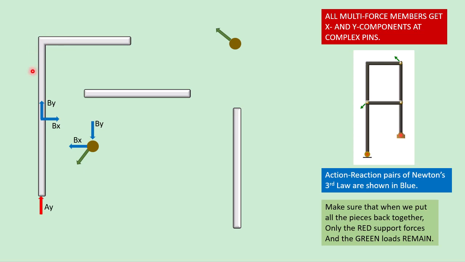This is a multi-force member. So Bx, By, Newton's third law, Bx now pointing to the left and By pointing down. Multi-force member adds two components, x and y. This is also a multi-force member.